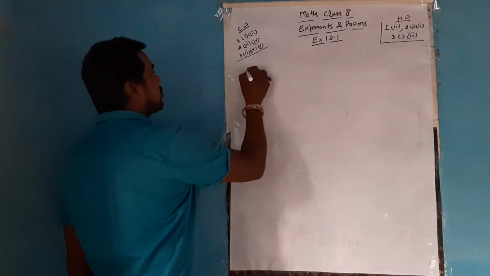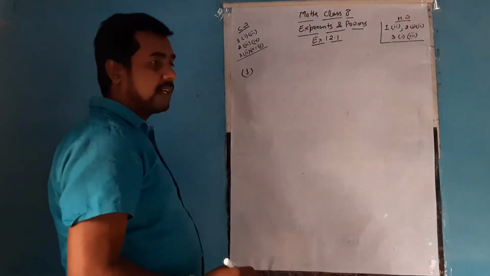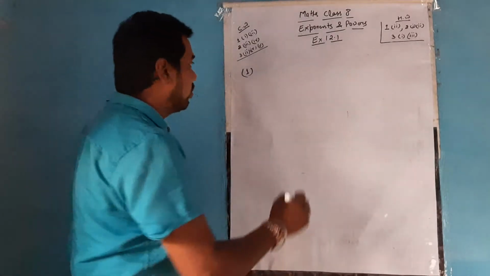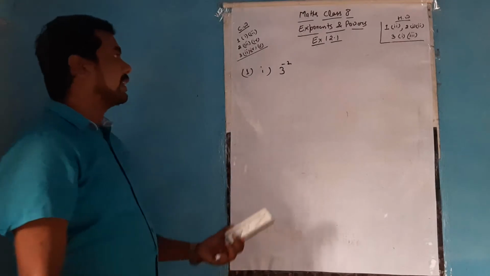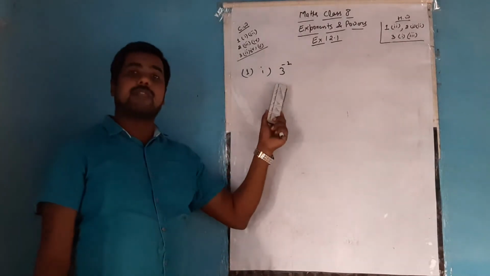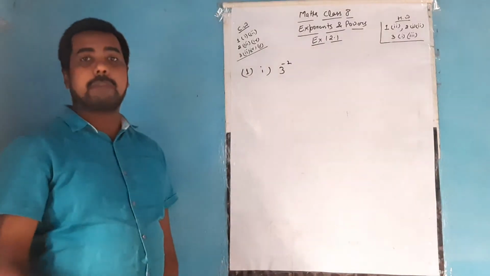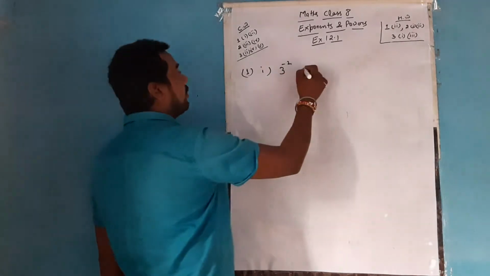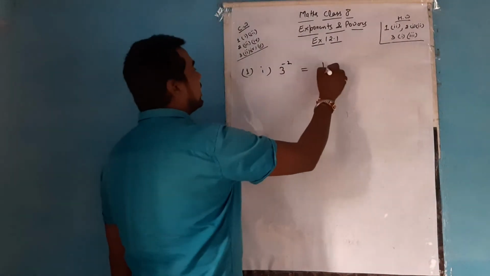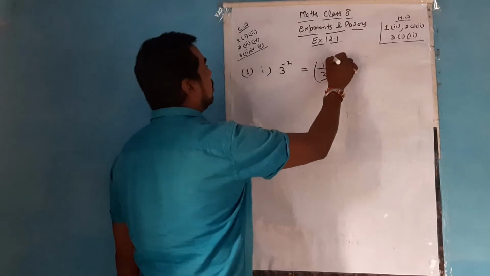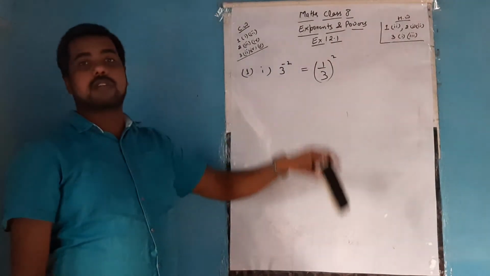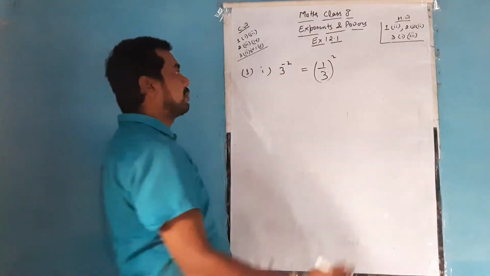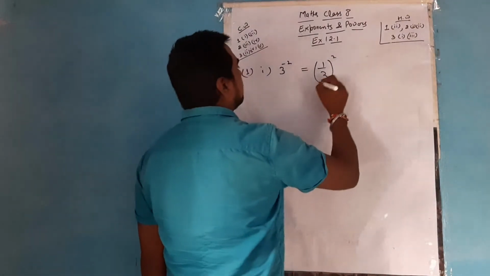So here is the first question. It is asked to evaluate, and the first part is given as 3 to the power minus 2. As I have told you, when the power is negative, you need to make the power positive by putting the base in the reciprocal of it. You make the reciprocal of the base part, that becomes 1 by 3 to the power 2.